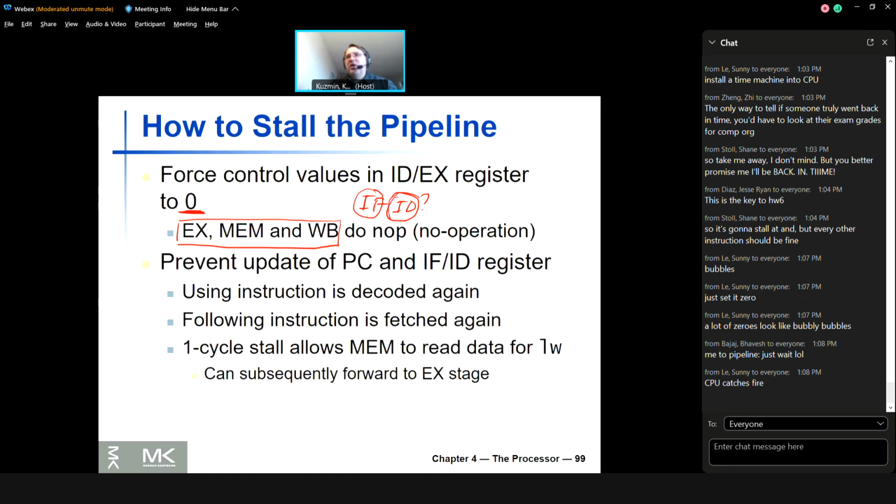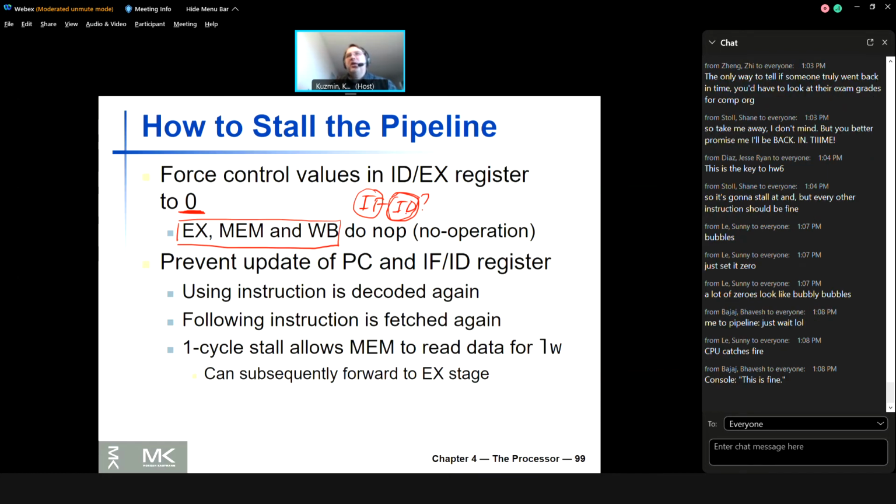Decoding the instruction is not changing the data memory or the registers. So we could do IF and ID as many times as we wanted. It's not going to break anything in the processor because it's not going to make any lasting effect.